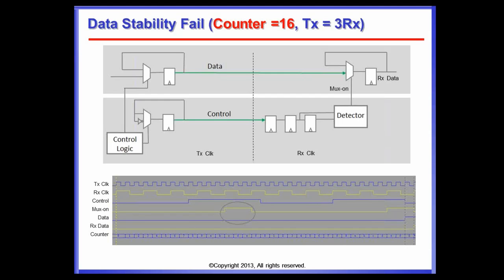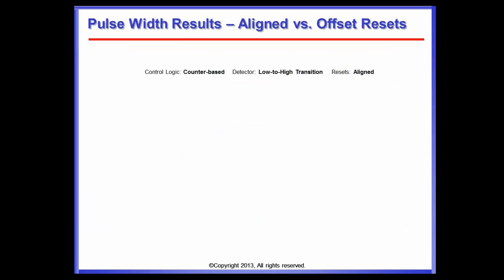But it's simply because the counter counts up from 8 to E, and that way, if you change here at 8, the control signal goes high here and it's better aligned to the edges, so it's held on longer. The mux is on longer, and that way the data is taken over properly. This is why we have a good case with 15, and a bad case with 16 again.